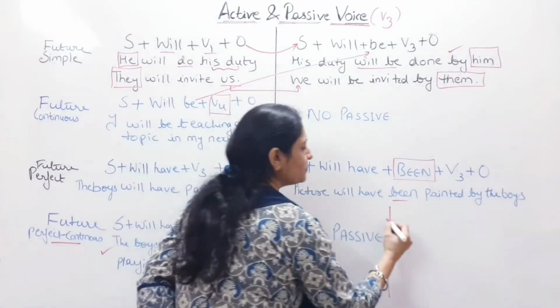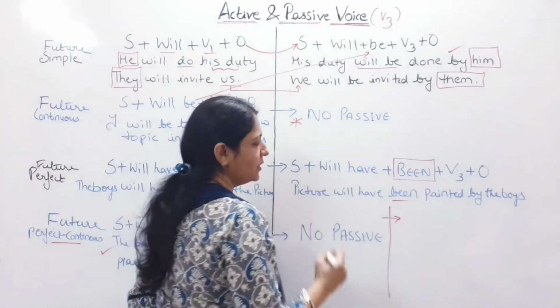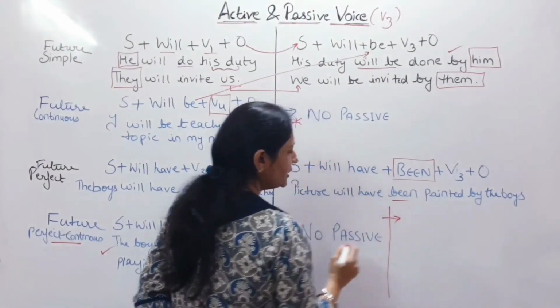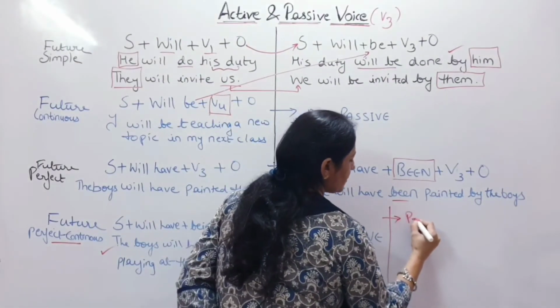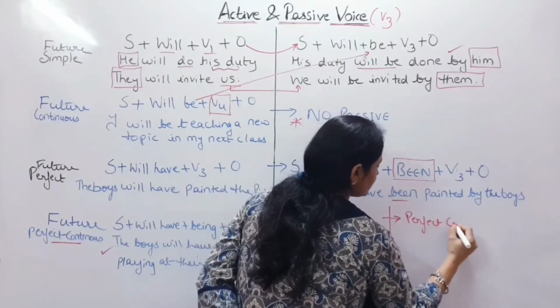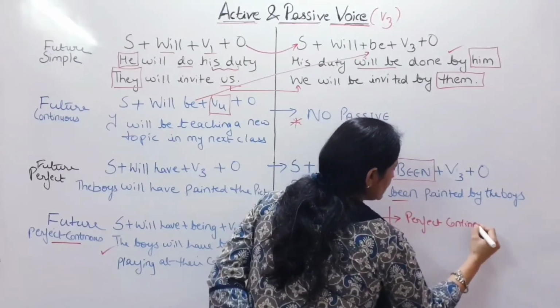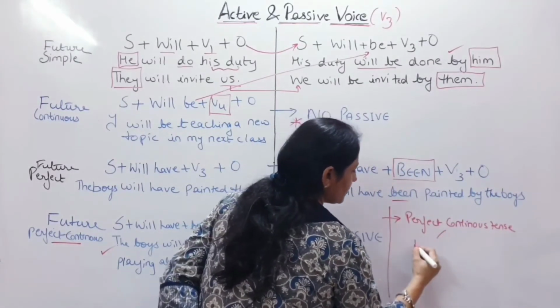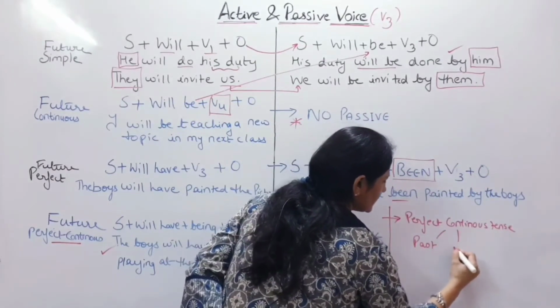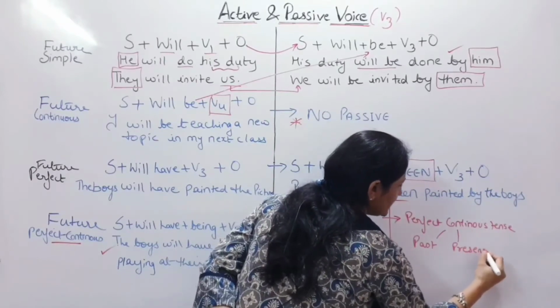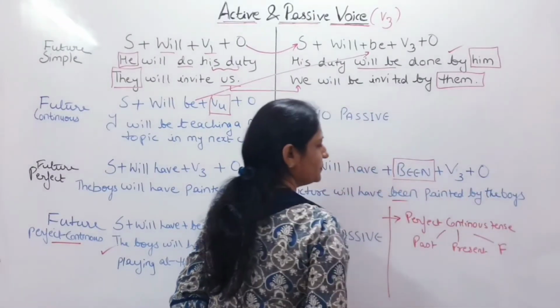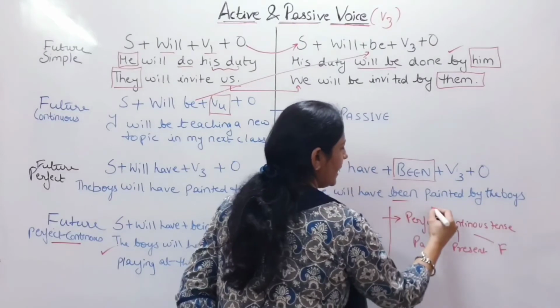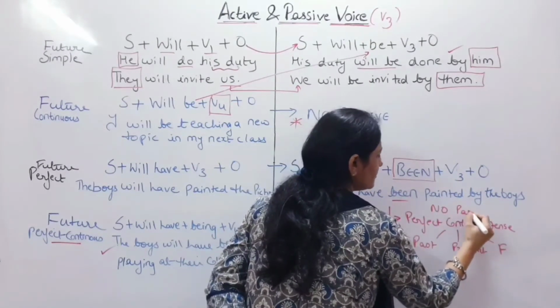That is, all the perfect tenses. Perfect tenses means all the perfect continuous tenses of past, present and future. They have no passive.